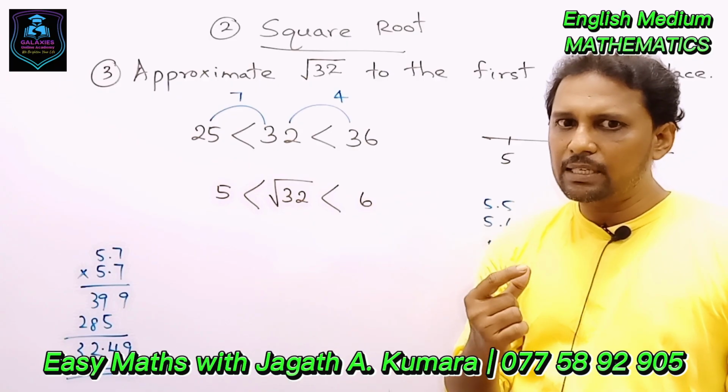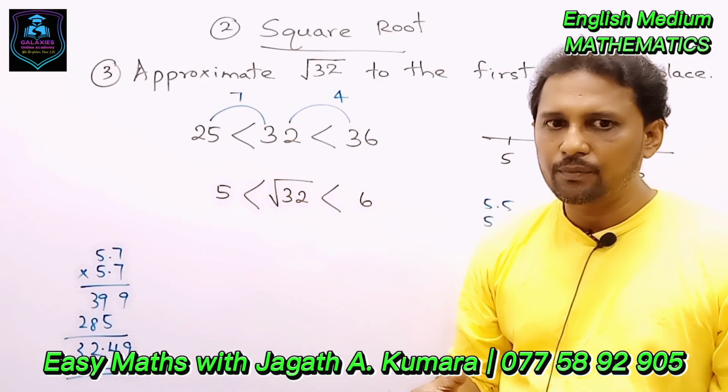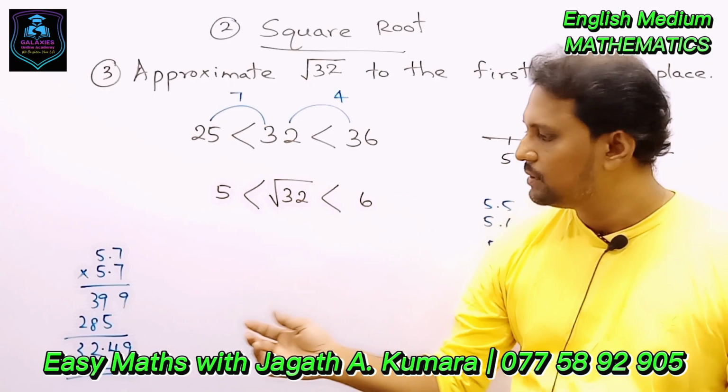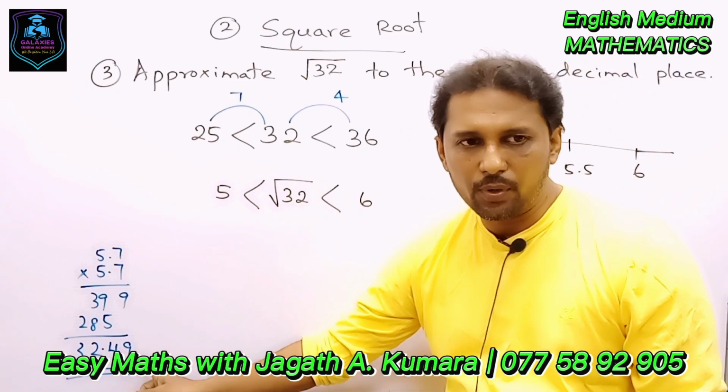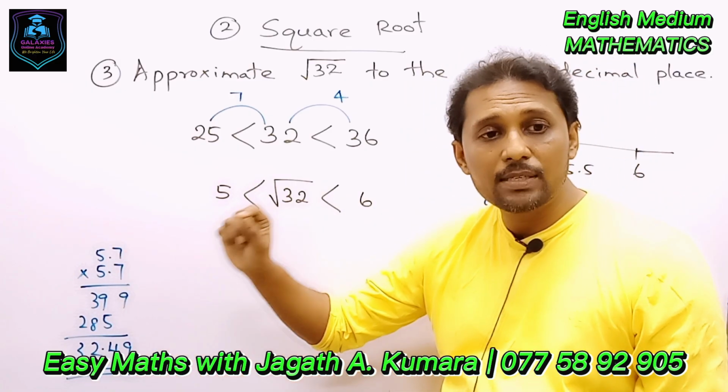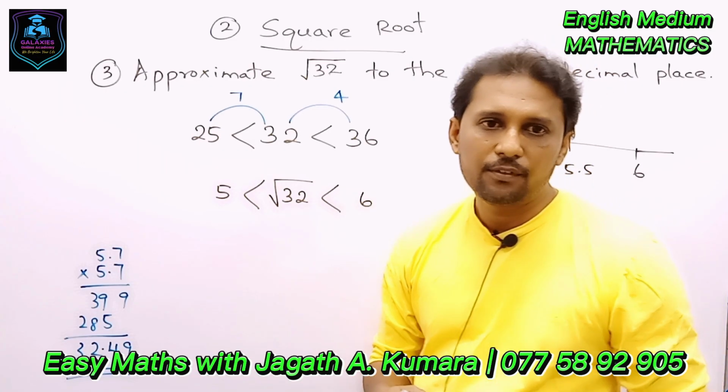Then also you have to check again for a value less than 32.49. That means for 5.6 you can check.